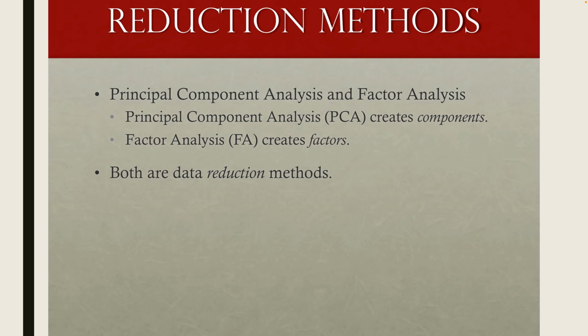So again, what's a component? Well, it takes measurable stuff and creates measurable, observed stuff. Factor analysis takes items, clumps them together, and then names the factor based on some summary of the items. Again, both are reduction methods.